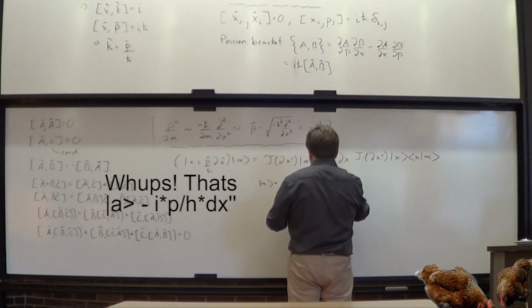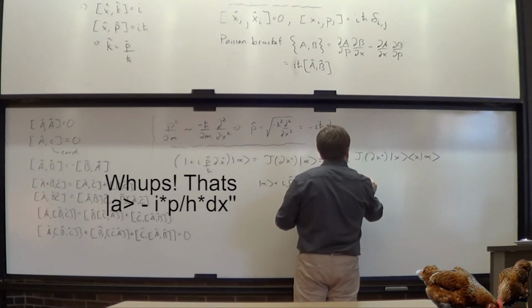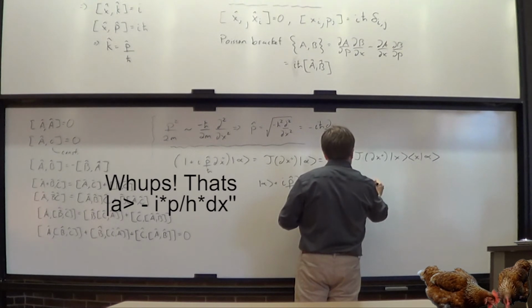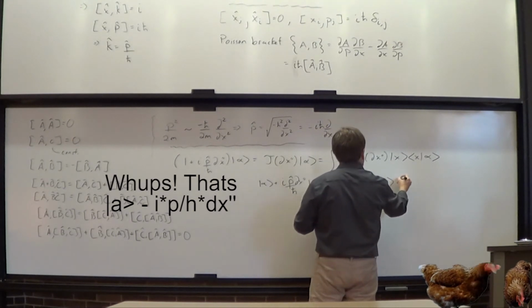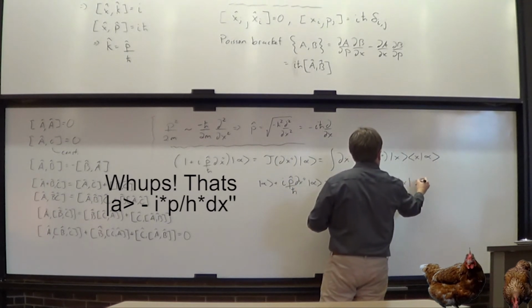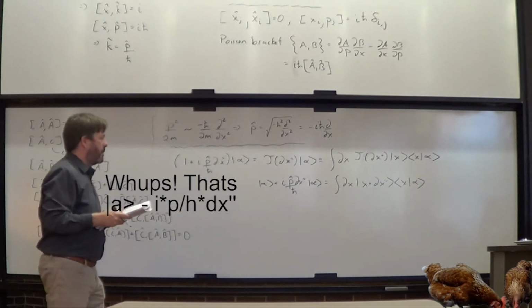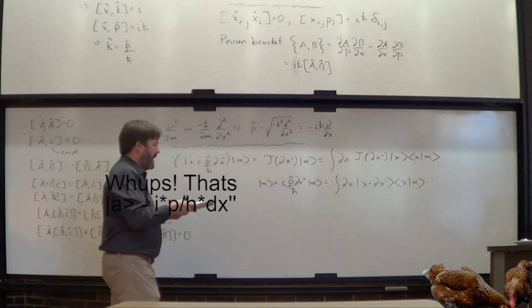All right, now this thing, not much to this. I'm going to apply it to this ket. And so the ket is displaced by that. And then I have the position representation of state alpha. Okay, now this is kind of cool.